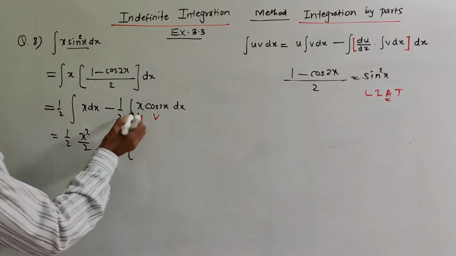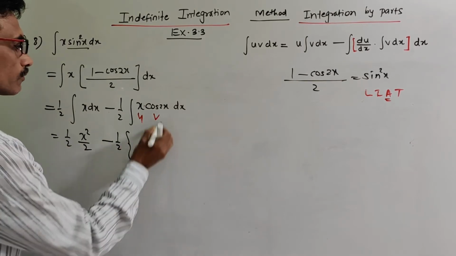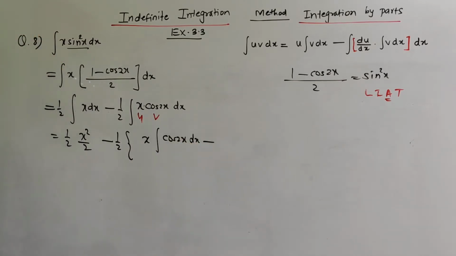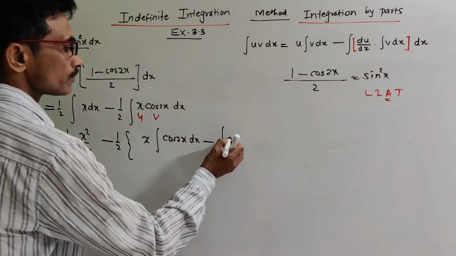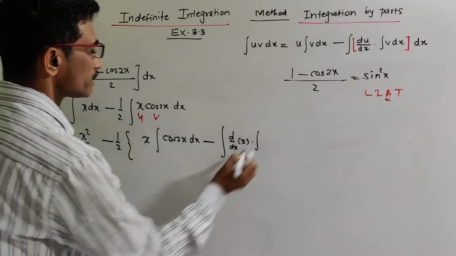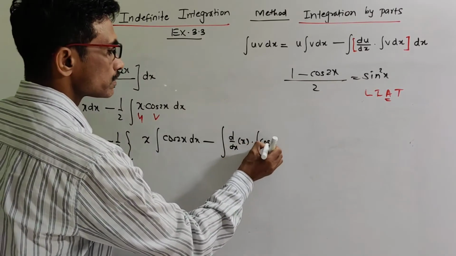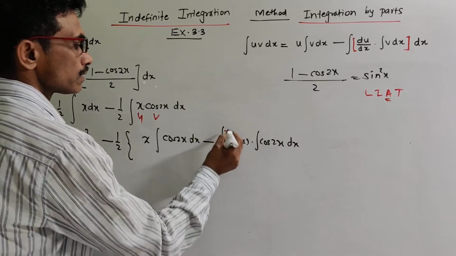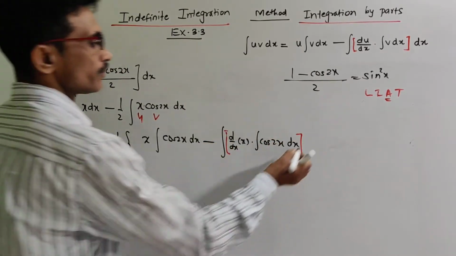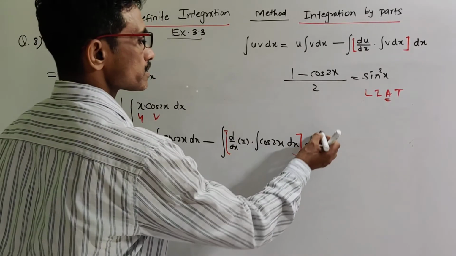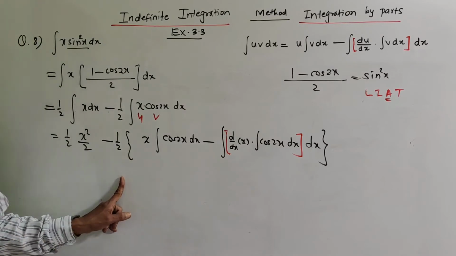So first u as it is, integration of v cos of 2x dx minus integration of derivative of x, so that is d dx of x, and integration of cos 2x. This is the complete integral here, and this curly bracket is there because 1 by 2 is outside.